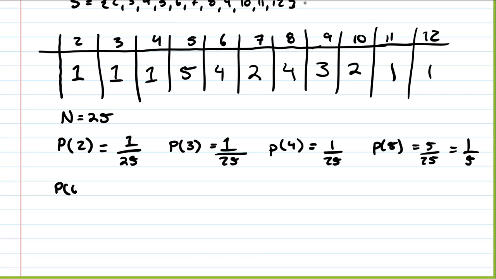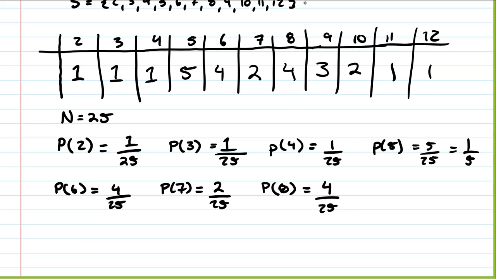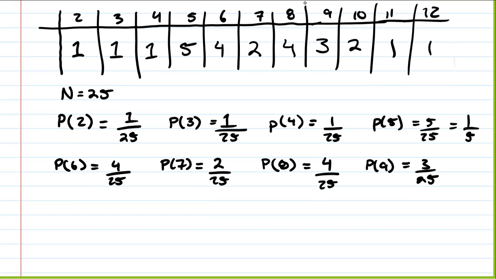Our probability of rolling a 6 is going to be 4 out of 25. The probability of rolling a 7 would be 2 out of 25. The probability of rolling an 8 would be 4 over 25. The probability of rolling a 9 would be 3 over 25.